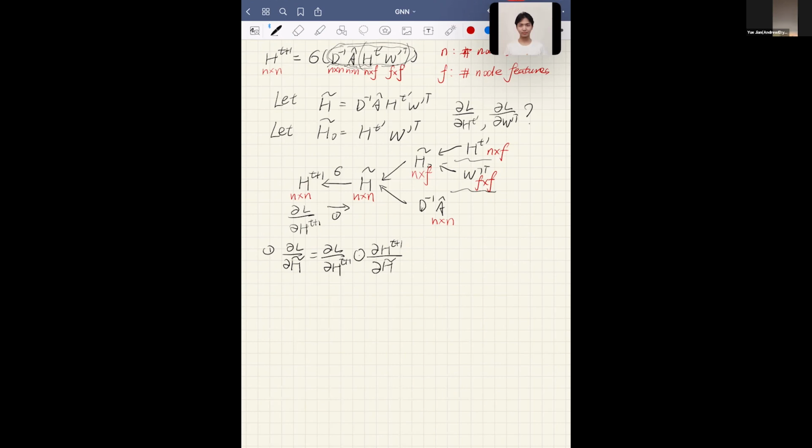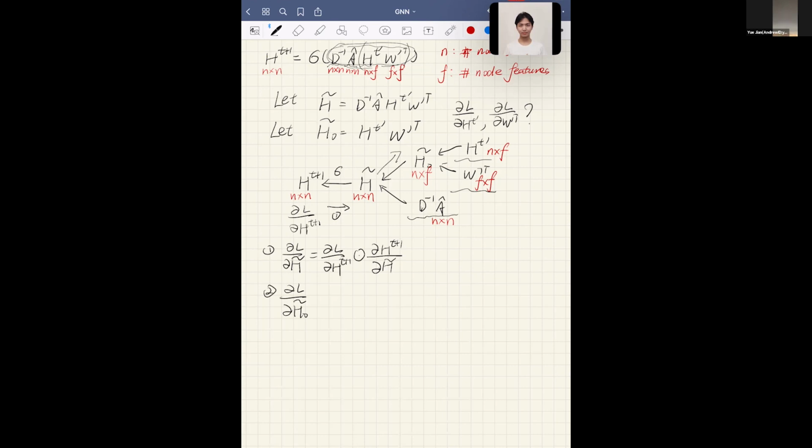After that, we are not interested in the derivative of this term, so we directly backprop through this road. So the next step is d loss over dH0 tilde.